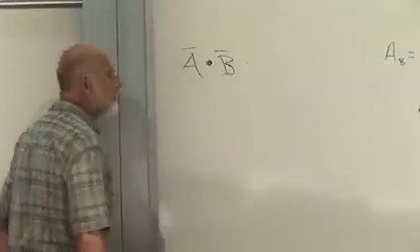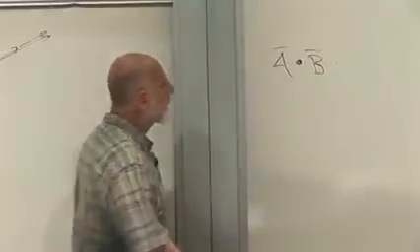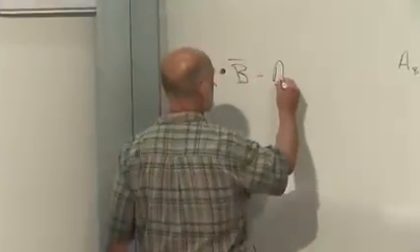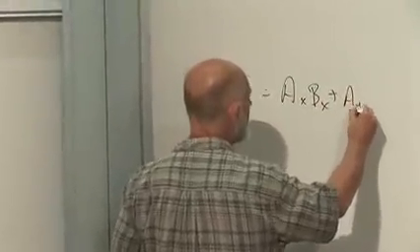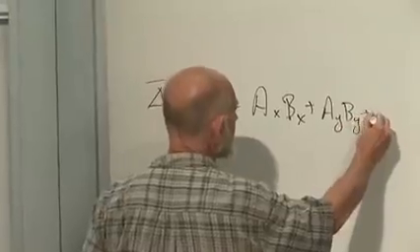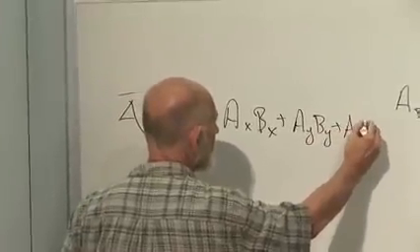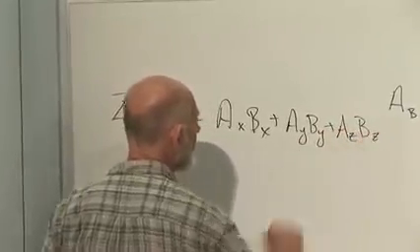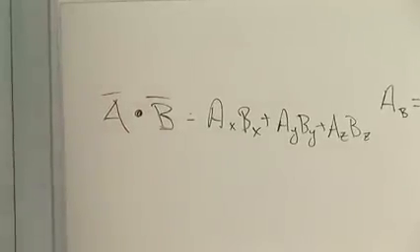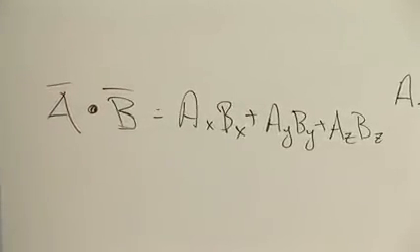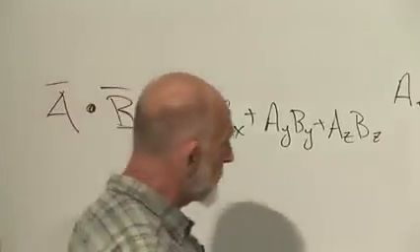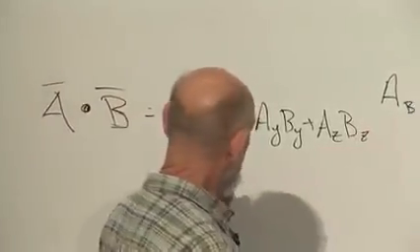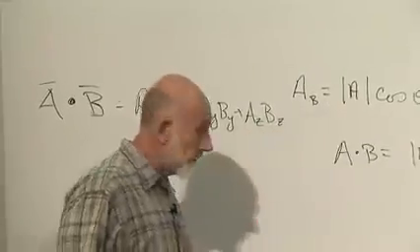In terms of the components of the vectors, it is equal to ax bx plus ay by plus az bz. In other words, you multiply the components and you add. That can be easily proved with a little bit of trigonometry, not much, that this is equal to this over here.